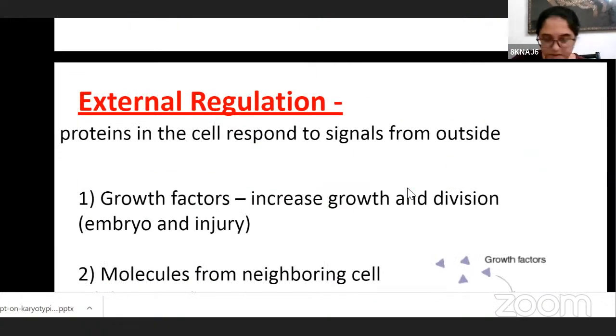In the case of meiosis, it is divided into two: meiosis 1 and meiosis 2, wherein sexual reproduction is taking place.